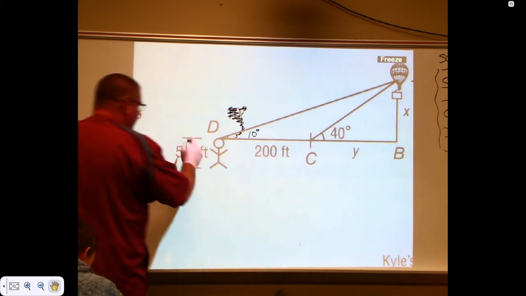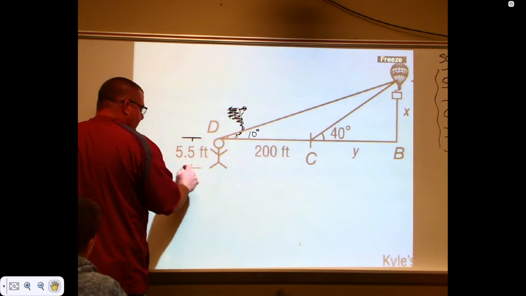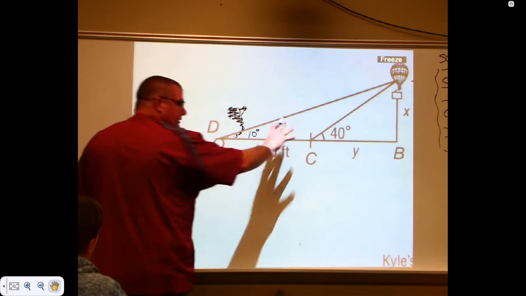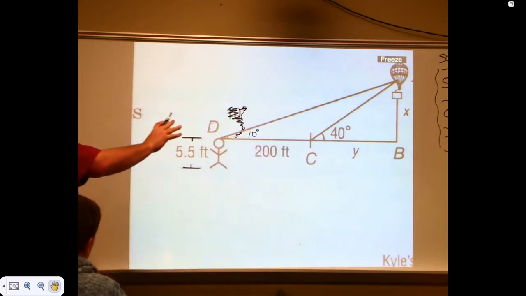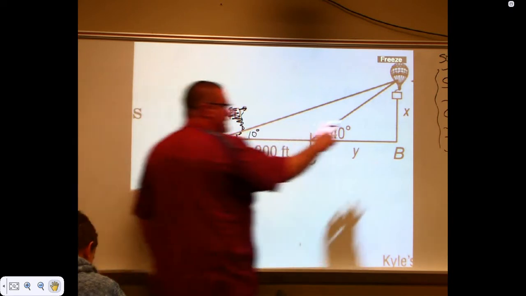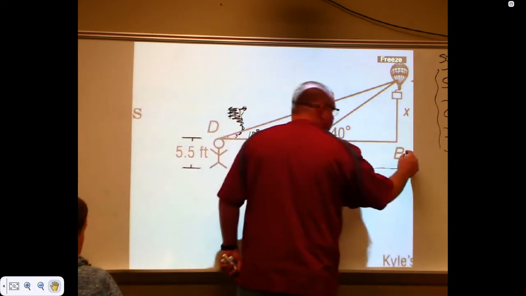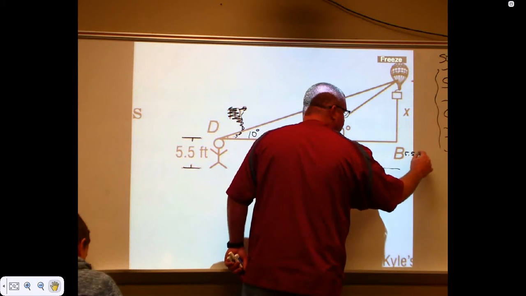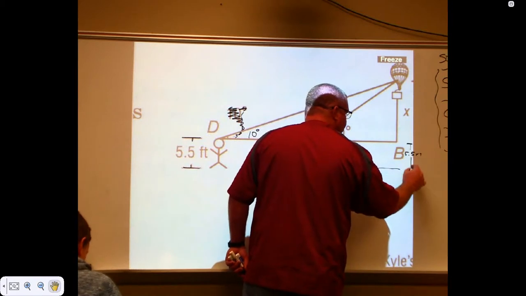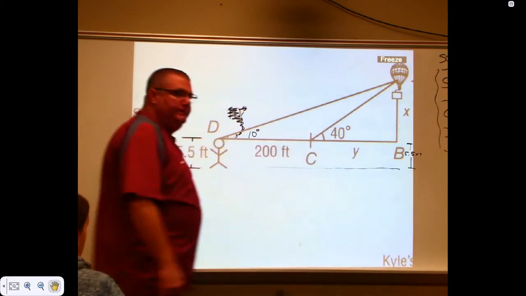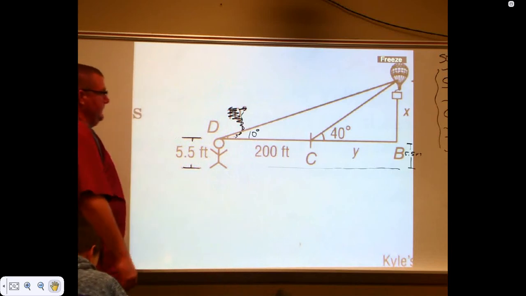Really, this 5.5 feet has nothing to do with this right triangle over here. Once we find x, to tell how far this is off the ground, what are we going to have to add? 5.5 what? Feet right there. Everyone agree? Yep. Okay.